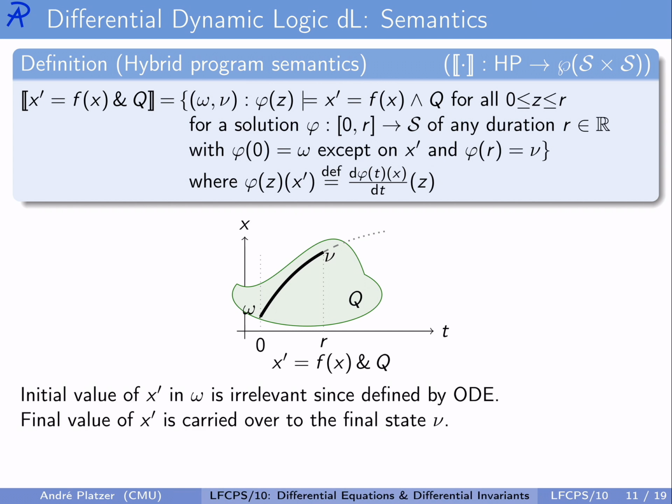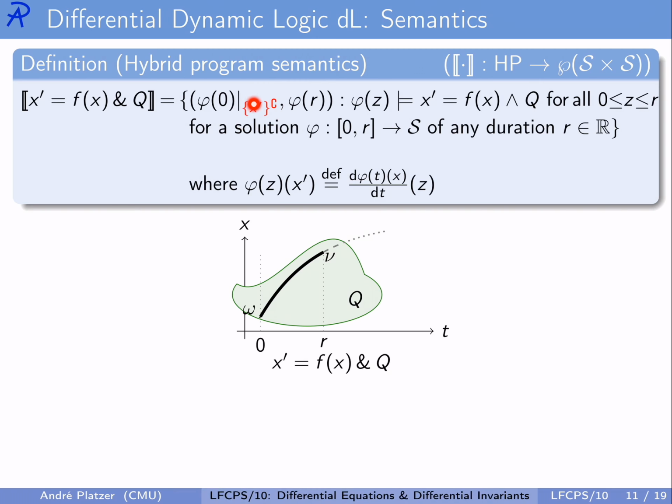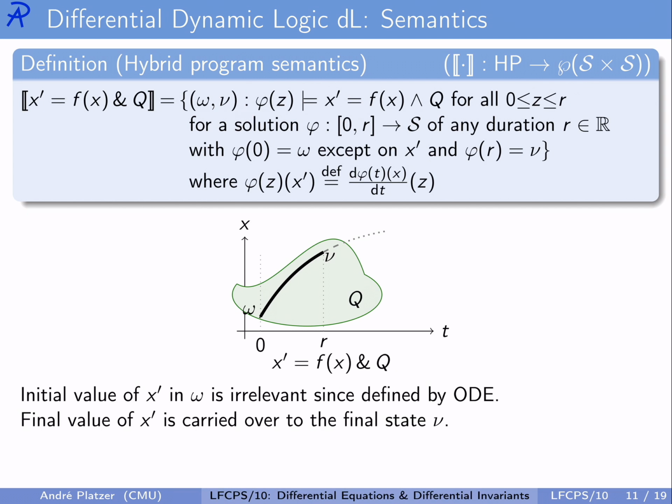But we mean that actually only except for the initial value of x prime. So the notation that you've seen here with the except at x prime at the beginning is exactly meaning that the initial state is identical to the initial data that the solution has except for the value of x prime.